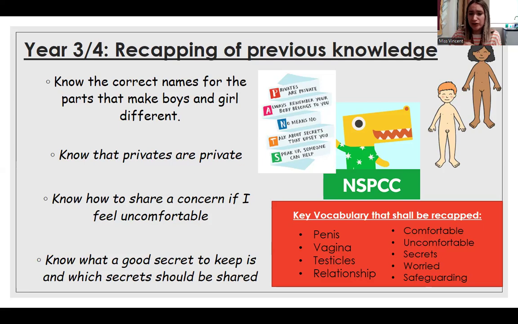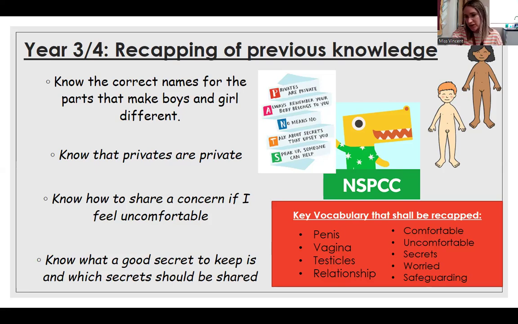And we also talk about knowing how to share a concern if we feel uncomfortable. Who are the trusted adults that they can go to, and how might they have that conversation and start it off. And then from Year 1, 2, we also just recap on what's a good secret to keep, but also what secrets should be shared with others, and that sometimes there are good and bad secrets and some things shouldn't be kept secret. So we just explore that. But again, it's all recapping from Year 1 and 2.